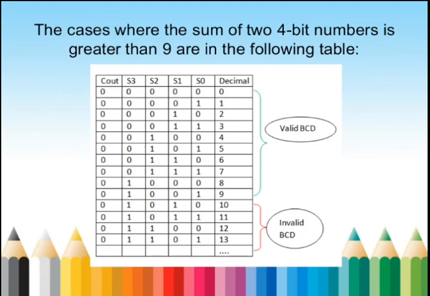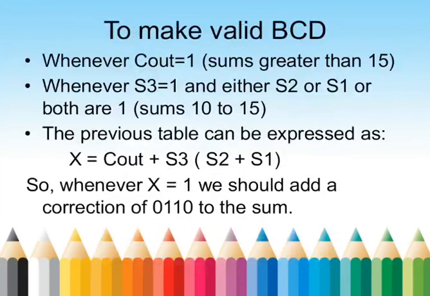So, how will we identify that the obtained sum output is invalid and how will we correct it? With a simple prediction method, we may identify the invalid BCDs. The first prediction: whenever Cout is 1, the output sum is greater than 15.